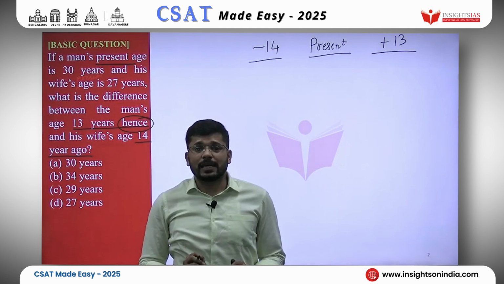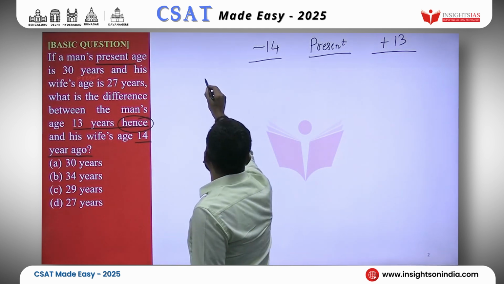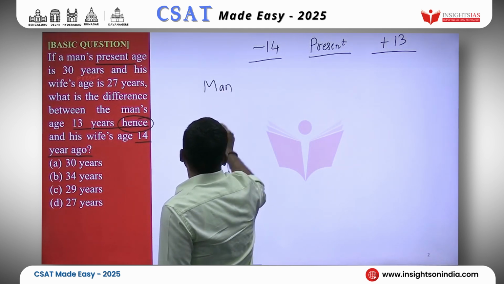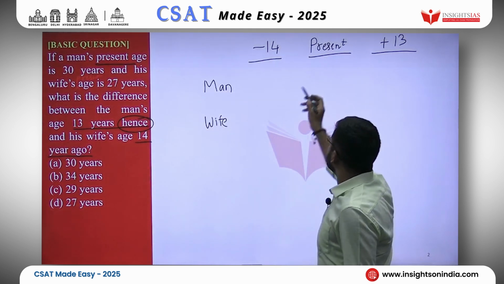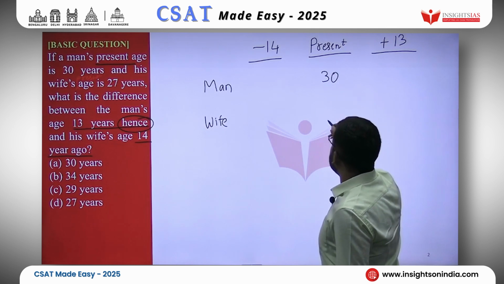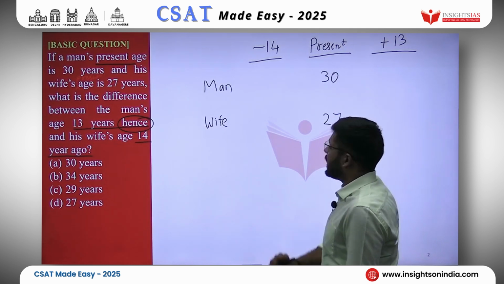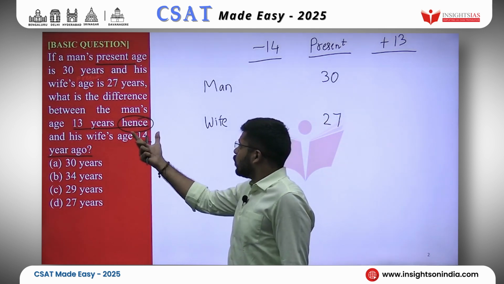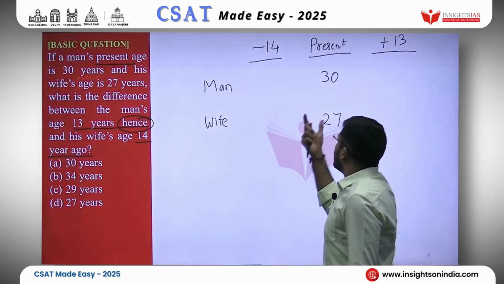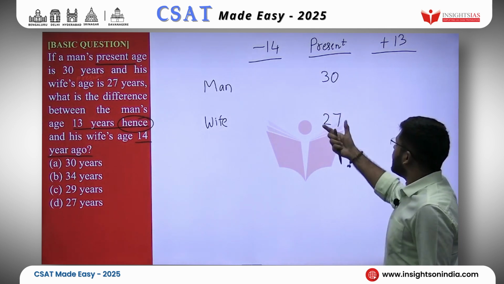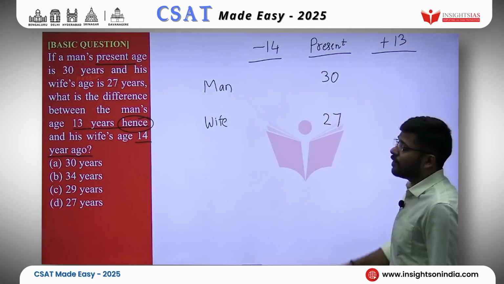And whose ages are we talking about? We are talking about a man's age and his wife's age. And what are their present ages? The man's present age is 30 and the wife's present age is 27. What will be the man's age in 13 years in the future?